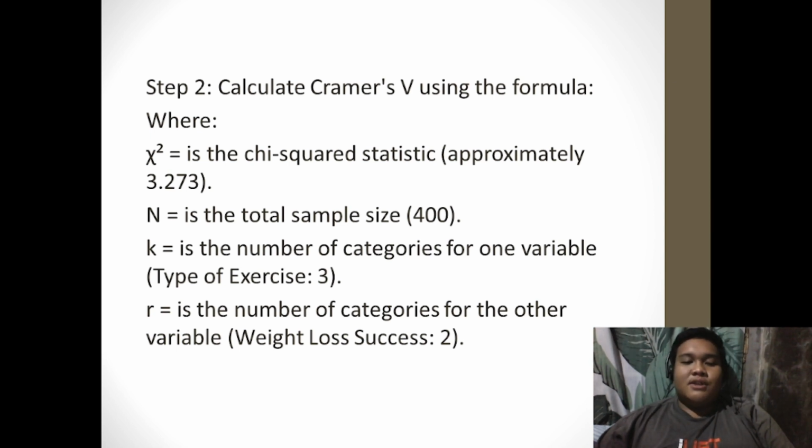k is the number of categories for one variable. This is type of exercise, which is 3, and r is the number of categories for the other variable. So the other variable is weight loss success, which is 2.